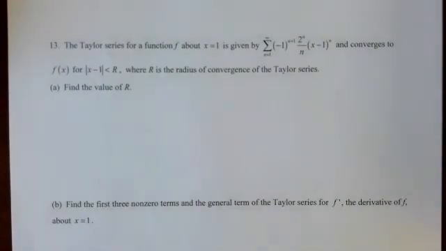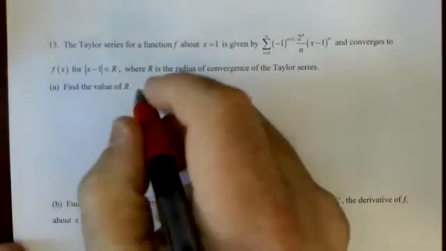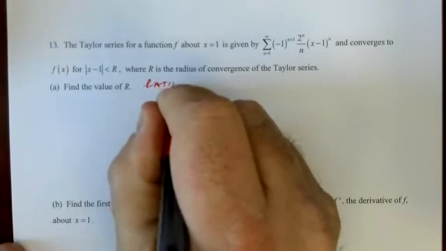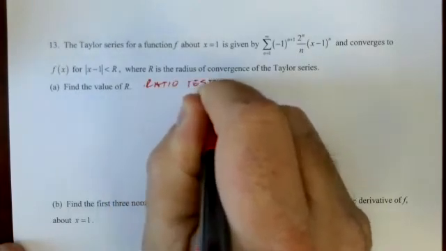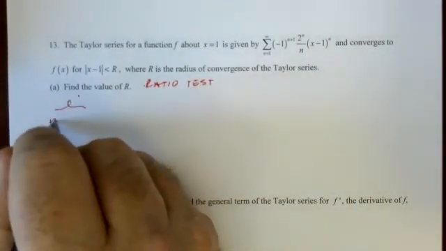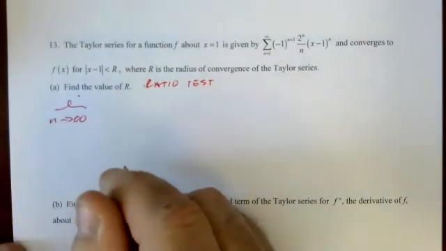Taylor series for a function given about x equals 1, blah, blah, blah. Find the value of r. Ratio test. Limit as n goes to infinity.